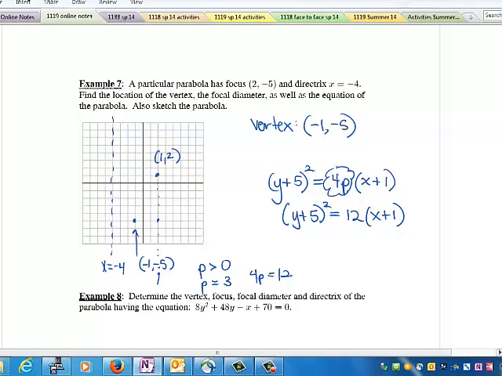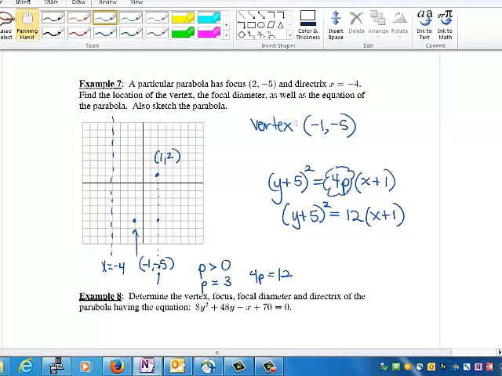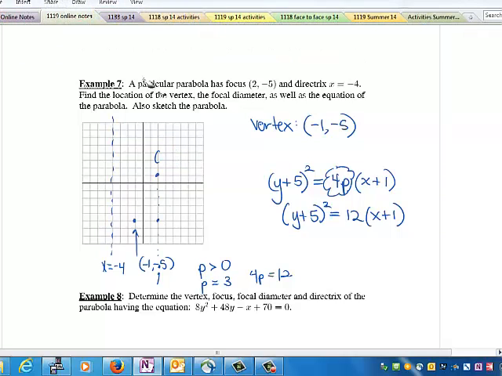We'll just label that point, sorry, I said this was 1, 2, but let me correct that, that's (2, 1). And this would be (2, -11). And then we'll sketch opening to the right. There we go.